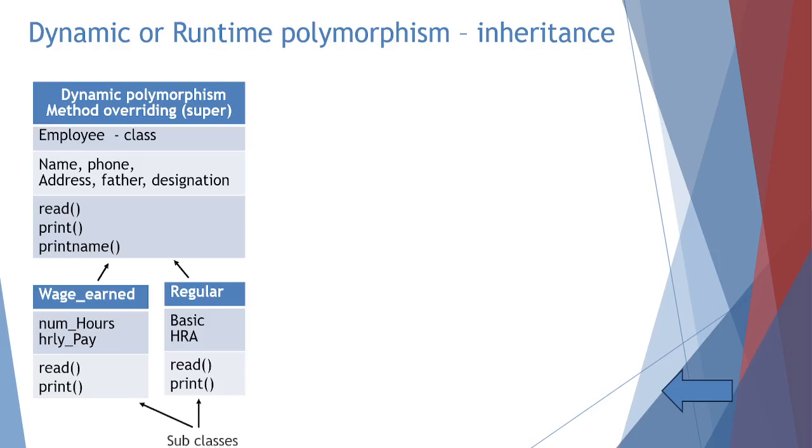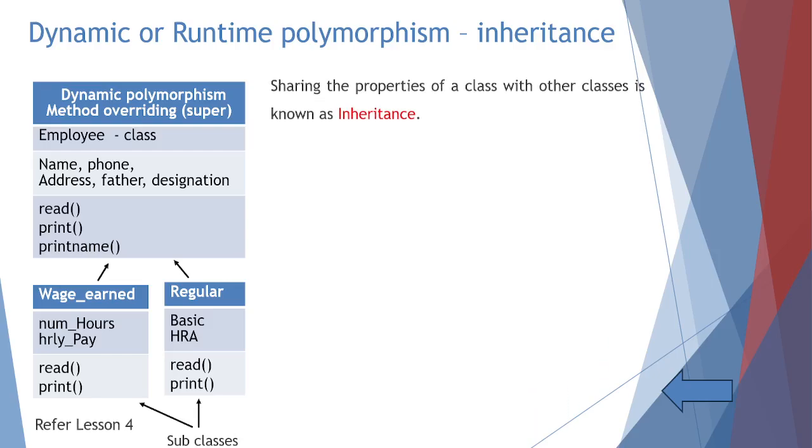The class which is sharing the properties is known as superclass, and the classes which share the properties, means variables, member variables, as well as member methods, are known as subclasses. So sharing the properties of a class with other classes is known as inheritance.